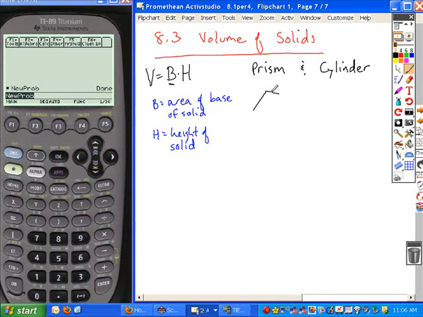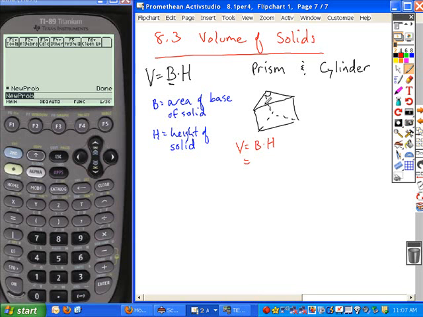So if you took a prism, let's say, again, we'll start with what we have in most of the others. If we take this triangular prism, the volume formula that you will use for this solid is capital B, capital H. But what is the specific area formula for this base shape?